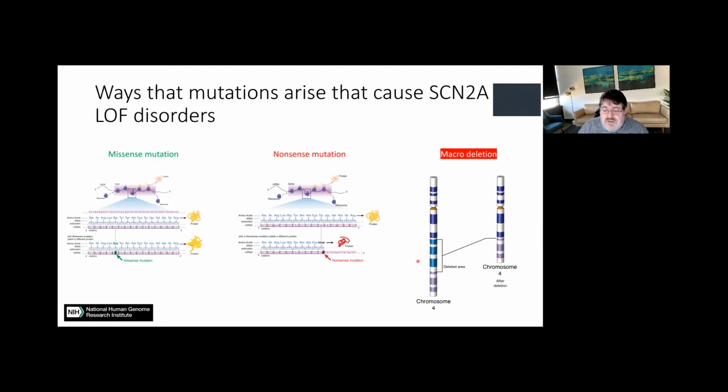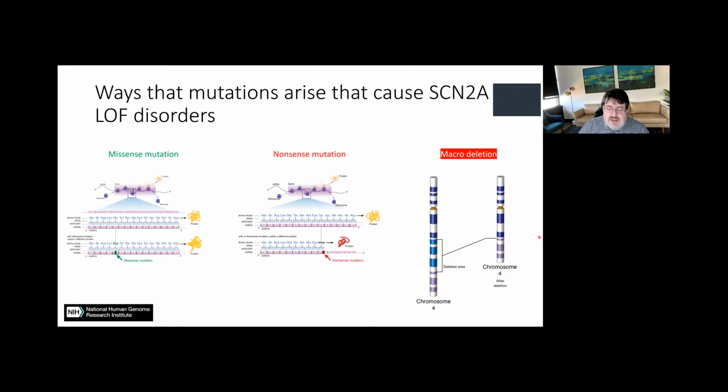And if SCN2A is included in that list, I'm not saying SCN2A is on chromosome 4, it's just an example that I found, but if you remove a chunk of a chromosome, you remove the genes and you have none of that gene. So you've completely removed that gene, which means the protein is not going to be made, and you're going to have a similar situation as you would with a nonsense mutation or a missense.